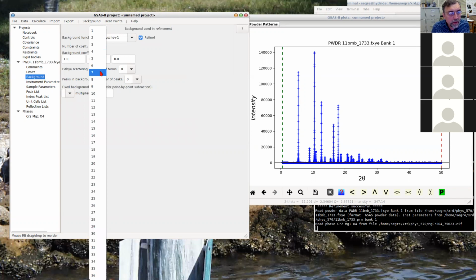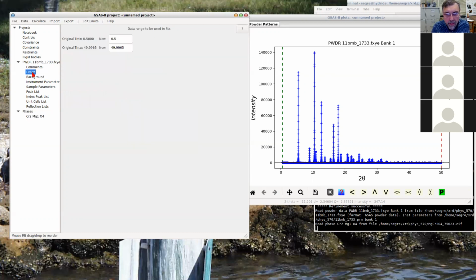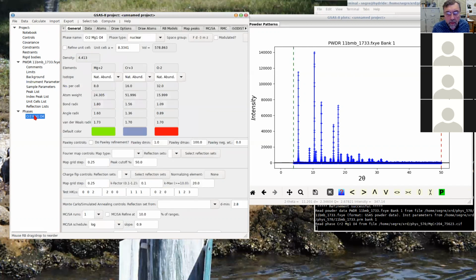Instead of 6, I'm going to go with 9 to start with. Usually I have no problem increasing the background limits. I don't know why this is. I'm going to change the limits. In this case, I'm going to go from 4 to 50. And then I'll go to, yeah, that's good.